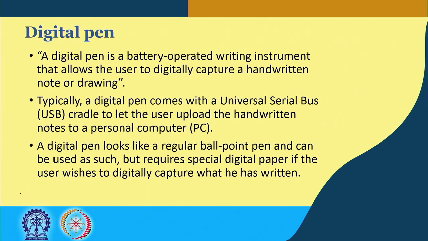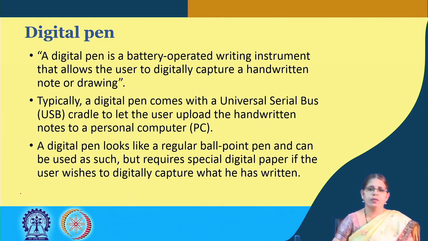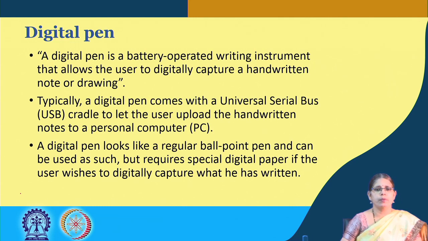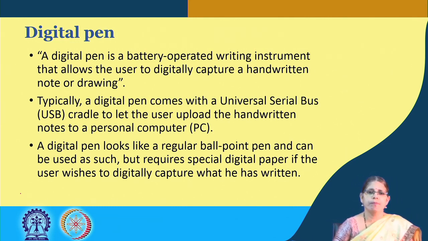So, typically a digital pen comes with its basic apparatus, which is the writing instrument, much similar to a regular ballpoint pen. It comes with an attachment which is a universal serial bus and also the sensor mechanism. Most often digital pens are used in relation to various different apparatuses.